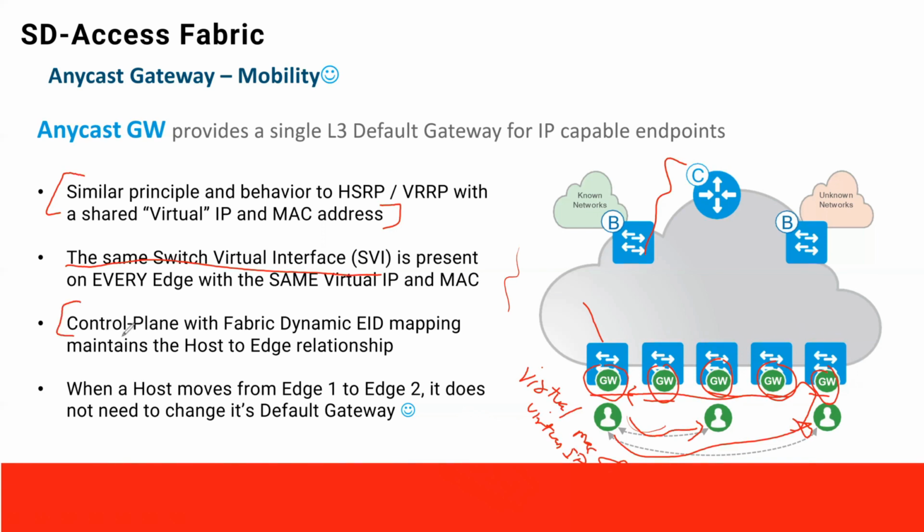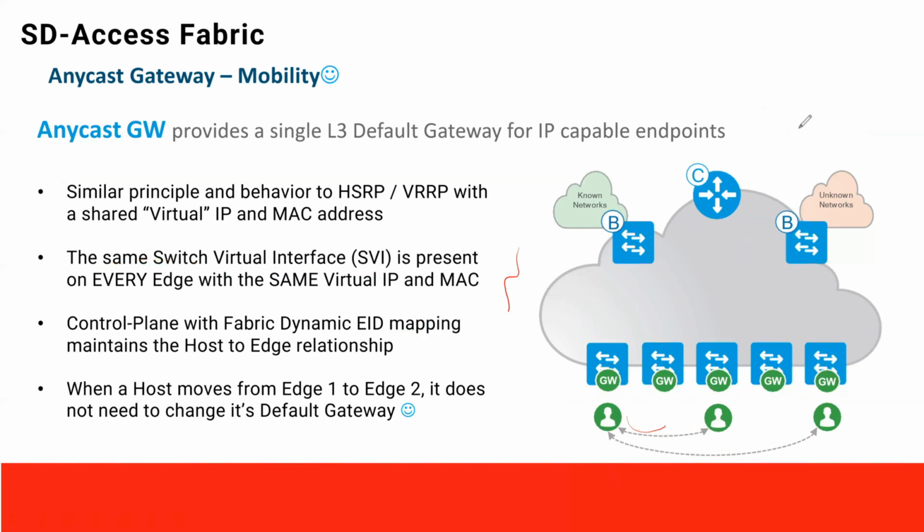And the control plane with fabric has dynamic EID mapping. EID mapping is nothing but the endpoint ID mapping. We saw that this control plane has an endpoint ID mapping with this specific switch IP. This mapping, which is there in the control plane, is known as the EID to RLOC mapping.